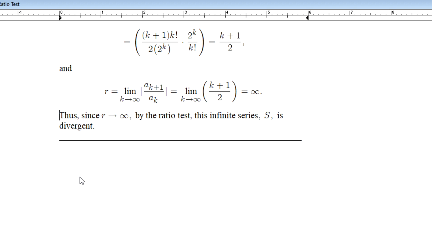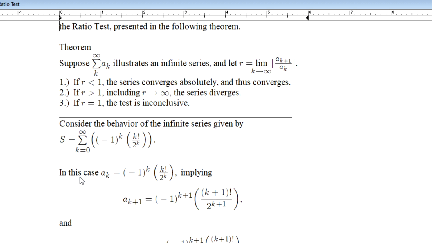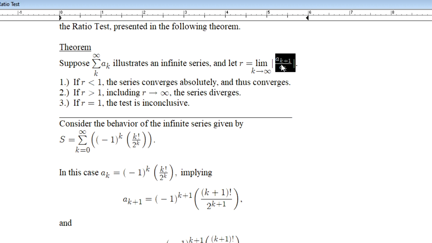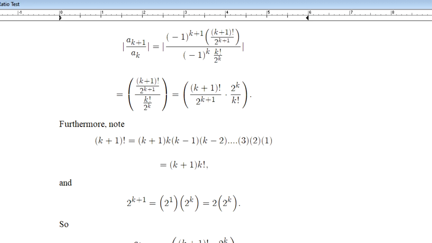That is our result given in the second result for what we call the ratio test. Much of our time was spent simplifying this absolute value, but once I had a nice simple form there, just that k plus 1 divided by 2, the limit of that was simply infinity. It's heading off towards infinity in value, so we must be able to conclude that this series diverges. That's one example.